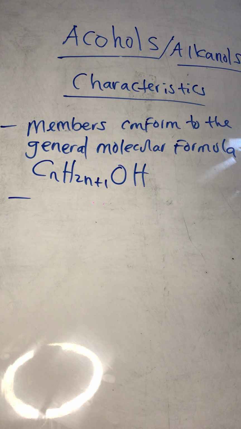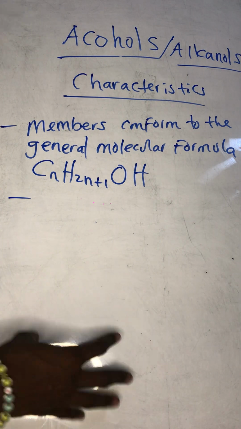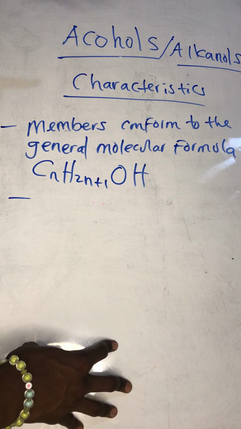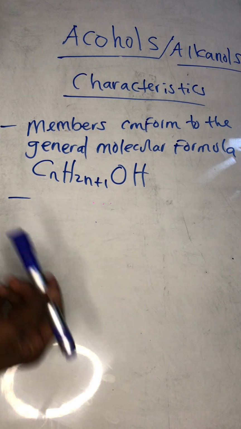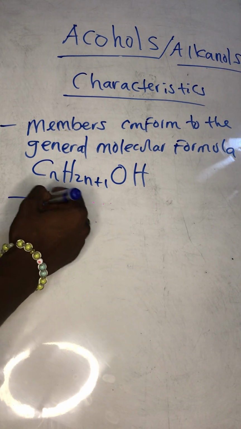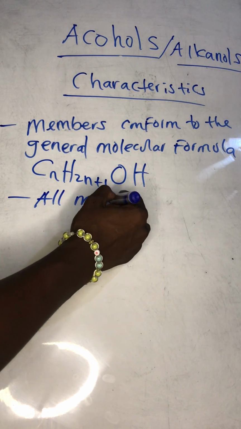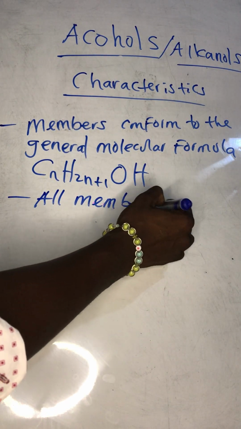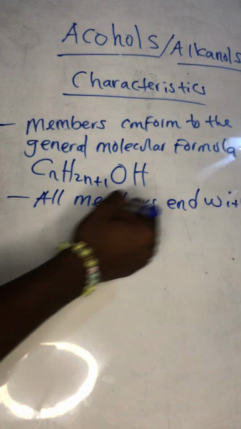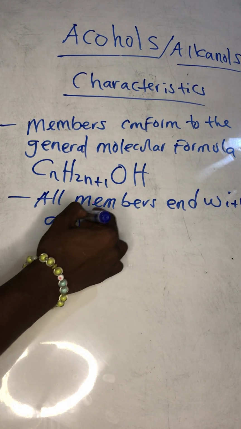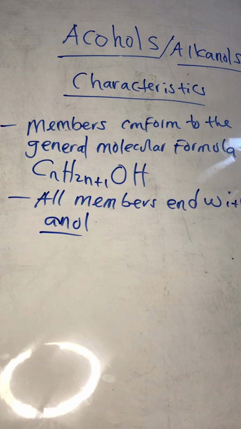Characteristic number 2, what you guys should know is that all members in the family of the alcohols have names that end with ano. They end with ano.